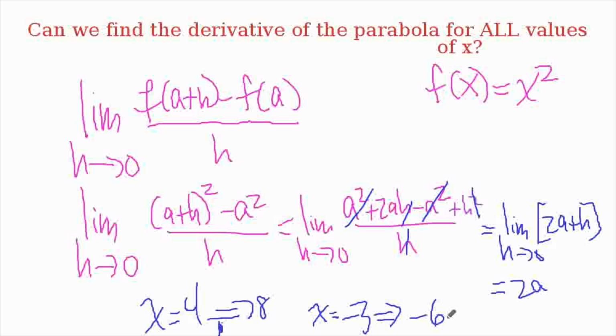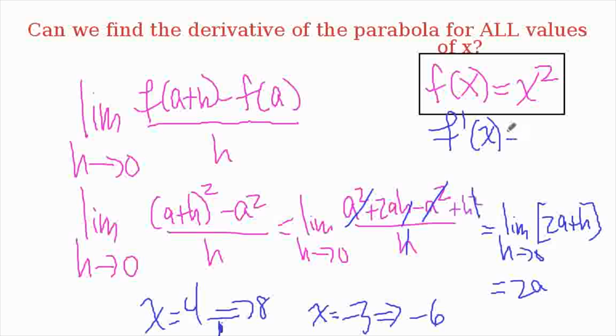So what we've done is we've figured out the derivative for all values of x. That's a function. We denote the derivative function by notation related to f. Let me show you. Let me put a box around f, and the derivative function that we just found is, we write it as f prime of x, and that's equal to 2x.